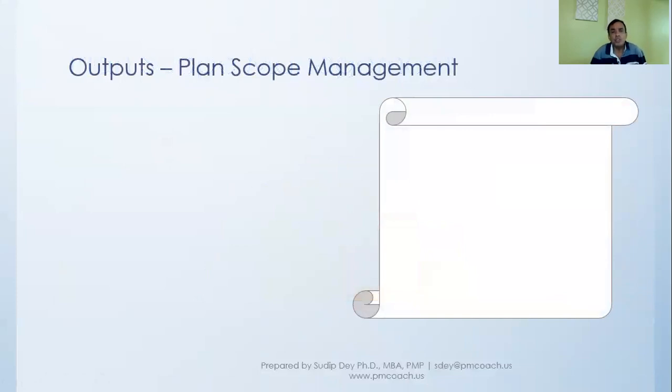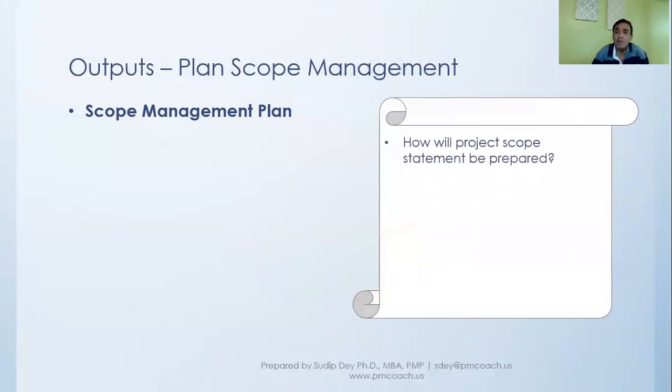Now, let's look at what each of these documents, or each of the outputs from this particular plan scope management, has. So the first output, as you have seen, is the scope management plan. In the scope management plan, we'll discuss and put down how the project scope statement will be prepared, because the project scope statement will be one of the documents that will be prepared.